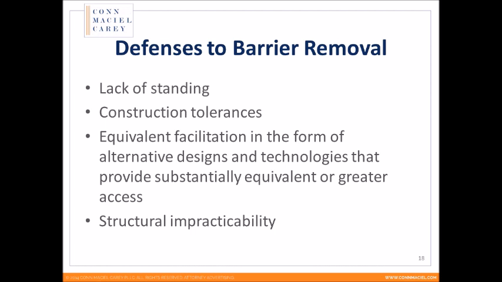Other types of defenses that we often see involve construction and manufacturing tolerances, again, which is applied on a case-by-case basis. One example might be a slope in the concrete path that allows for a 1% tolerance, or even tolerance in the height of a toilet or dimensions of a toilet. Some courts have recognized up to 1/2 inch with construction tolerances.